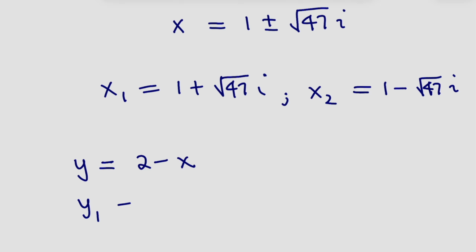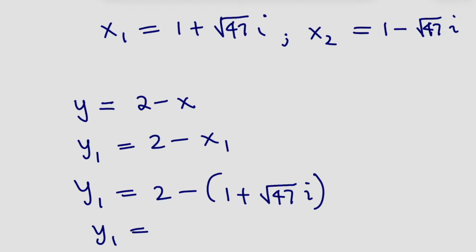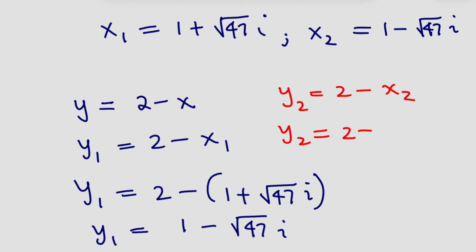So for y1, we are going to do 2 minus x1, which is going to be y1 is equal to 2 minus (1 plus root 47 i). So y1 is equal to 2 minus 1 is 1, then minus root 47 i. Similarly, y2 is going to be 2 minus x2. So y2 is equal to 2 minus (1 minus root 47 i).